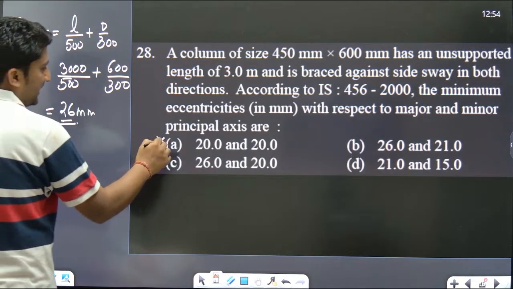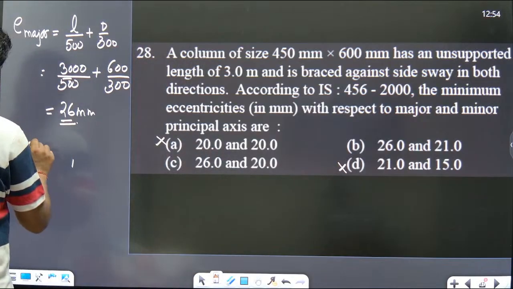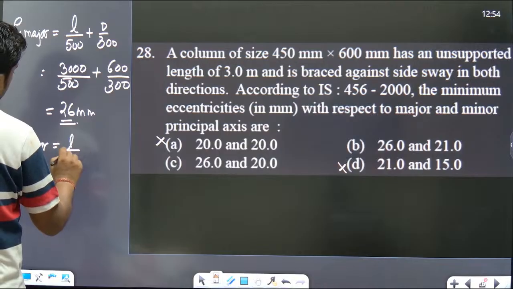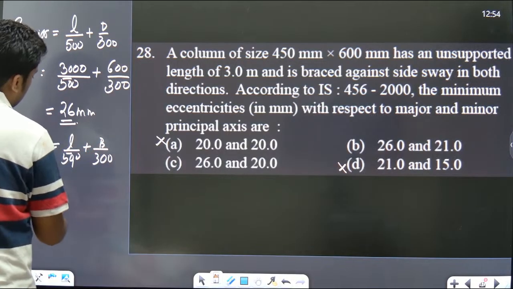So only option A or B remains. What about the minor axis? Eccentricity about the minor axis will be equal to L upon 500 plus B upon 30.